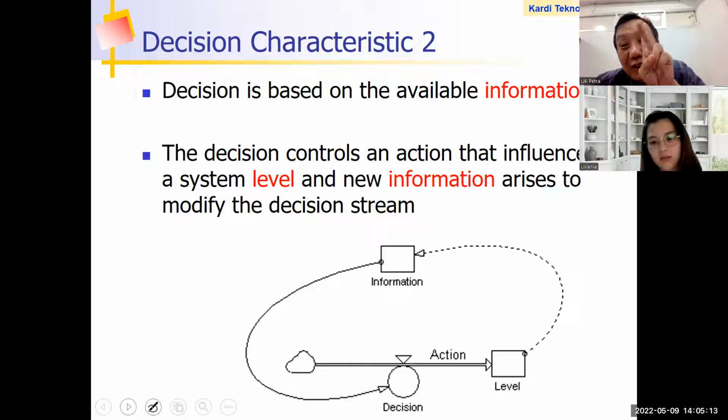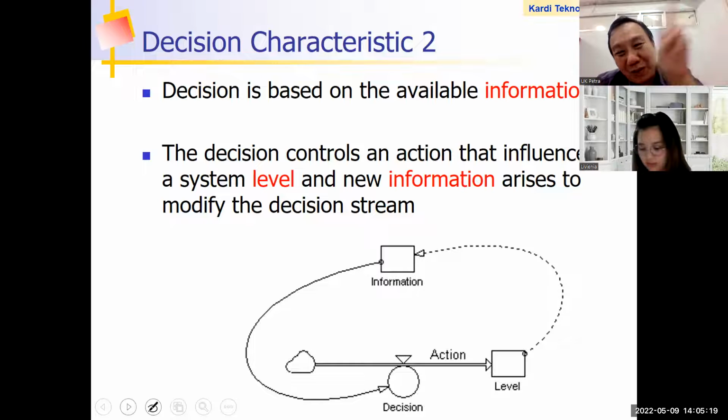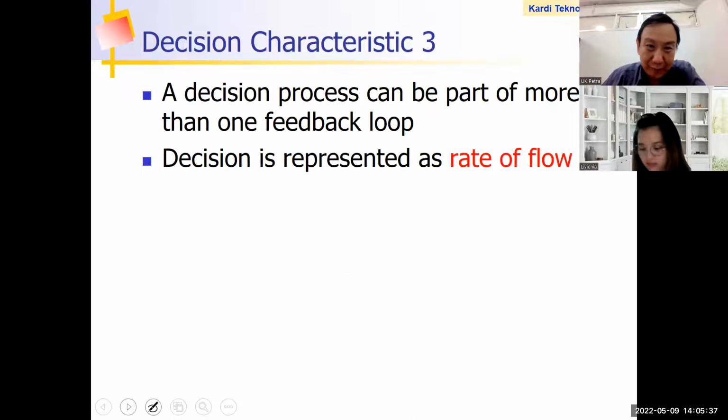We only discuss two things now, rate and level. I keep talking about different things, but actually in your mind you only think of two things. This one is level. Decision here means rate. Information means level.